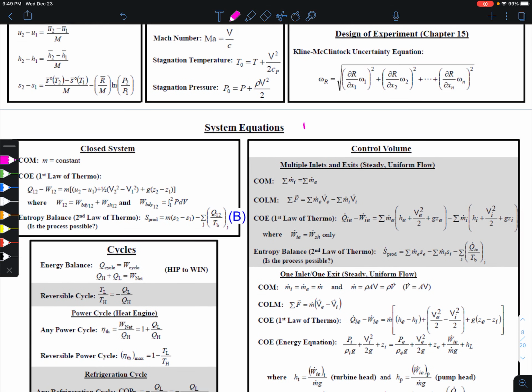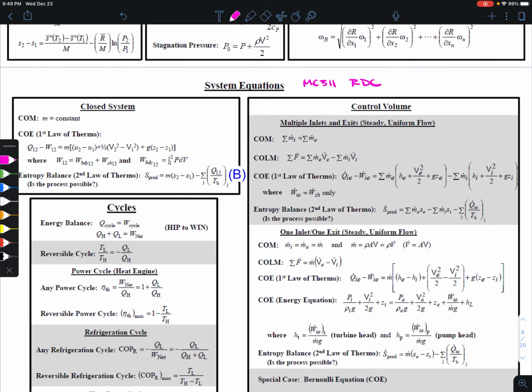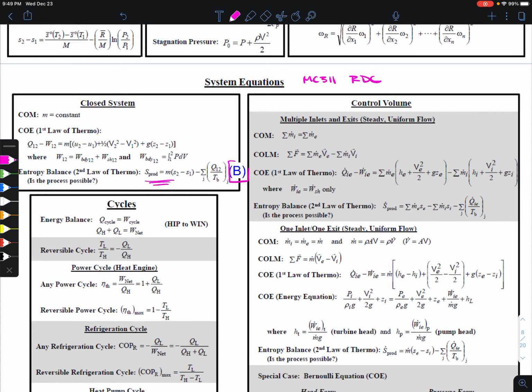What is shown here is the MC311 RDC. The MC311 RDC also has a very important equation that we need, which is going to be our entropy production. And in fact, I'm noticing right now, I called this out right here, but we're going to need a rate.